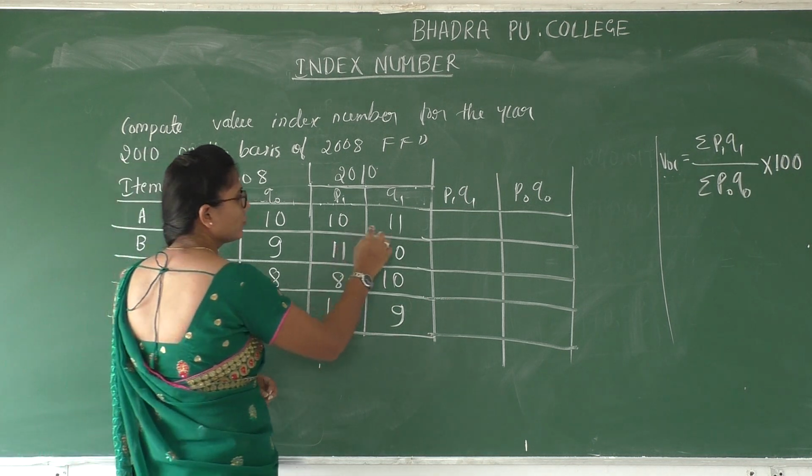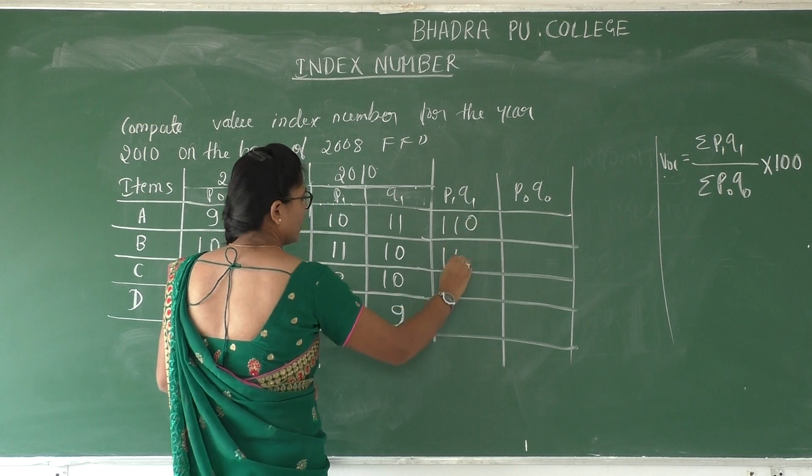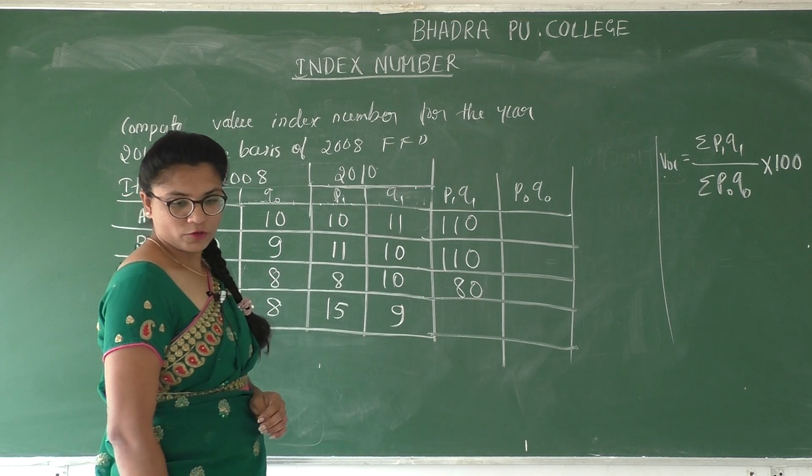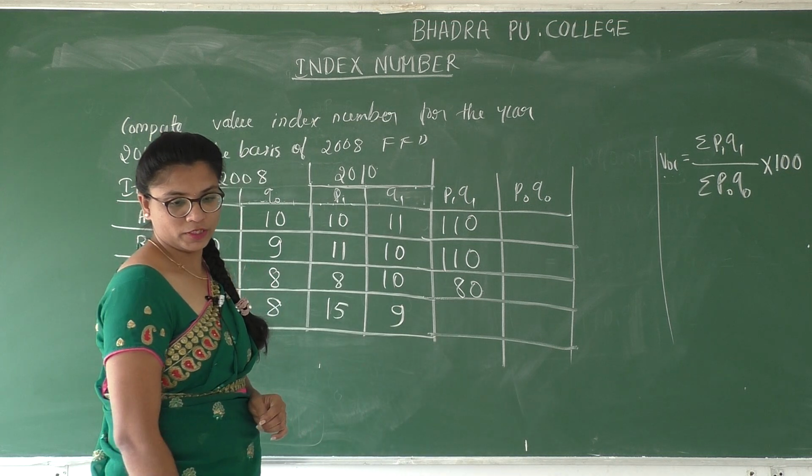So P1 Q1 is 110, again 110, 80, and 15 nines are 135.